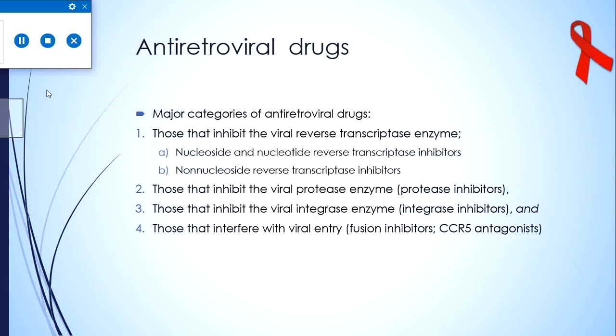The second category is the drugs that inhibit the viral protease enzymes, called protease inhibitors. We know that when the messenger RNA is translated into protein, the final product is not produced immediately, but rather it is a pro-molecule which is further processed by cleavage at various points and final folding of the protein, which gives rise to the final product, which is the active protein.